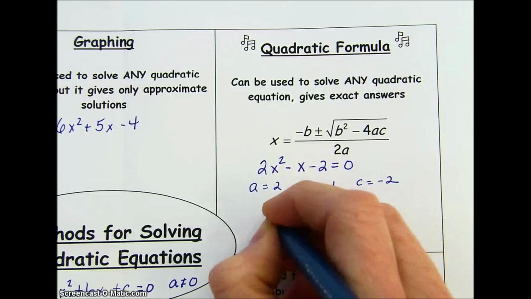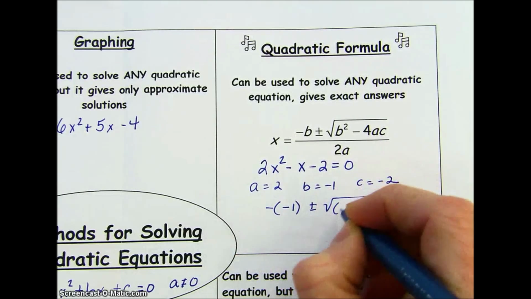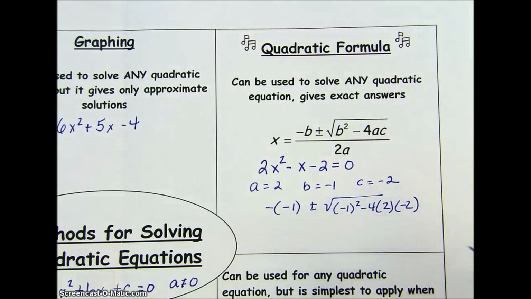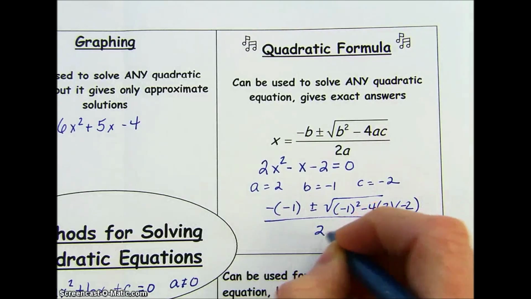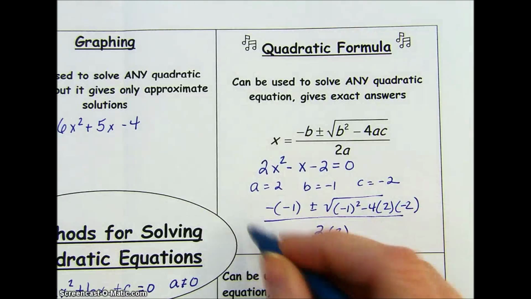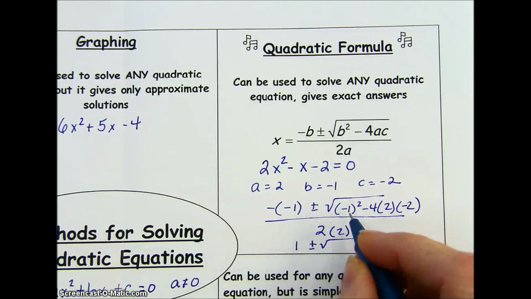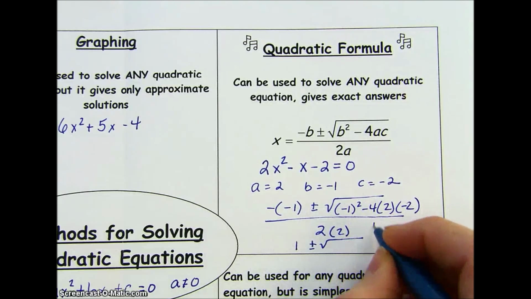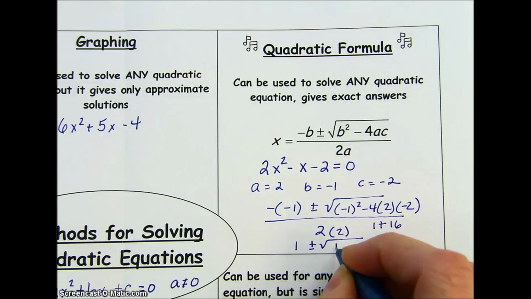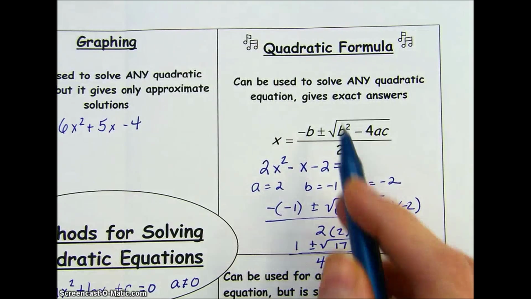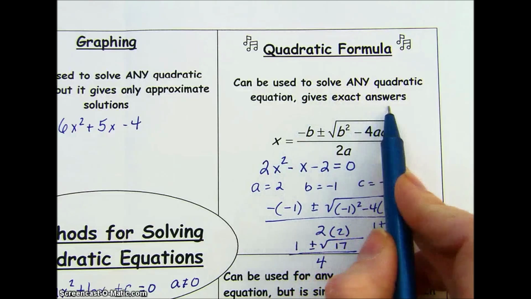Negative b plus or minus the square root of b squared minus 4ac, all over 2a. So we've got a lot of cleanup to do, so this will turn to a positive 1 plus or minus the square root of 1 plus 16, which will give us 17, all over 4. Now you can note here, this gives exact answers.